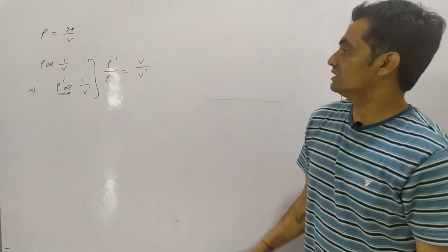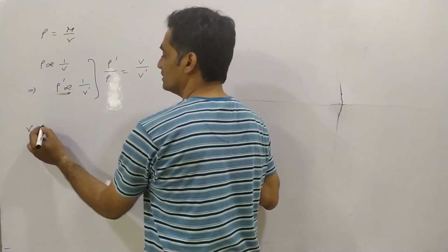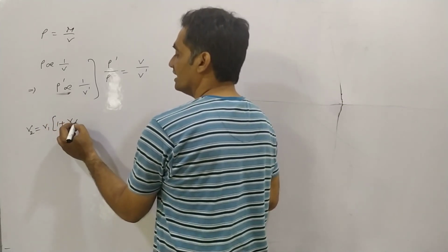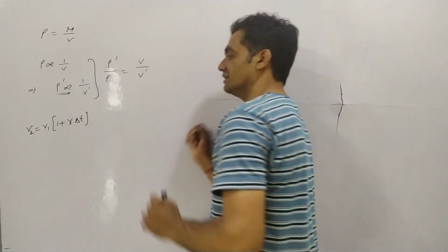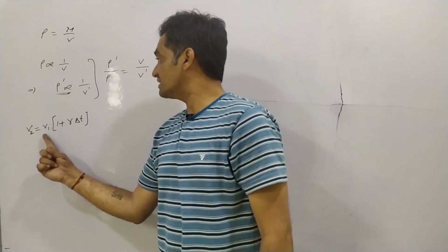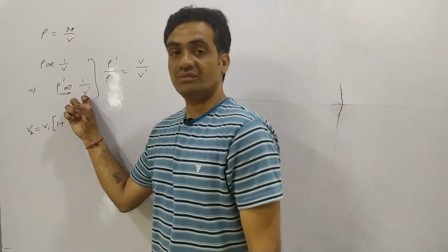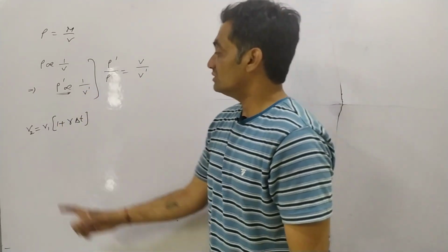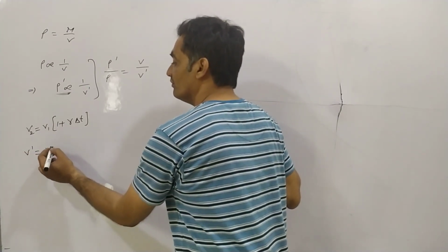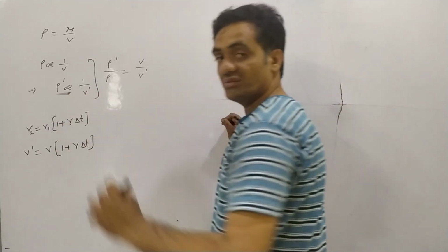Now we know that the change in volume is V2 is equal to V1 into 1 plus gamma into delta T. In the place of V2 we consider V dash, and in the place of V1 we consider V, where V is the initial volume, and due to increase in temperature the volume has changed to V dash. So we consider V2 as V dash. Then the expression can be represented as V dash equals V into 1 plus gamma delta T.